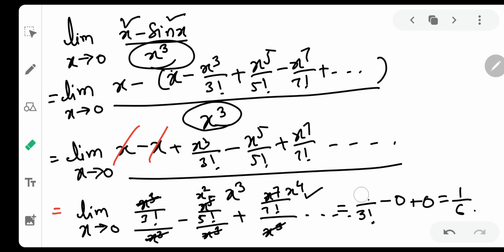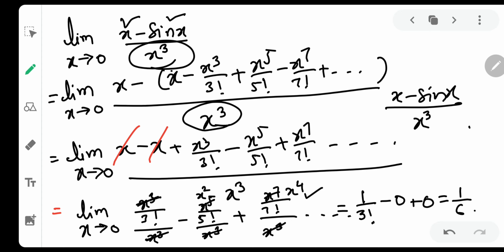If you want a non-zero answer, x − sin x should have x³ in the denominator. If x² is there, the limit is going to exist, but it will be 0. If x is there, again the limit will exist, but it will be 0.